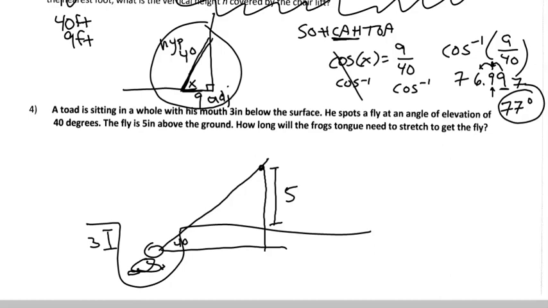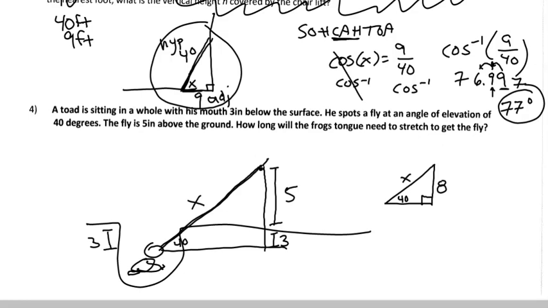Well, this is going to be the length of his tongue. Now the only thing here is the 5 is not the total length of that side. You have to remember that this part right here is 3. So if I draw a generic triangle, we're solving for that. Over here is 8, and this is 40 degrees.